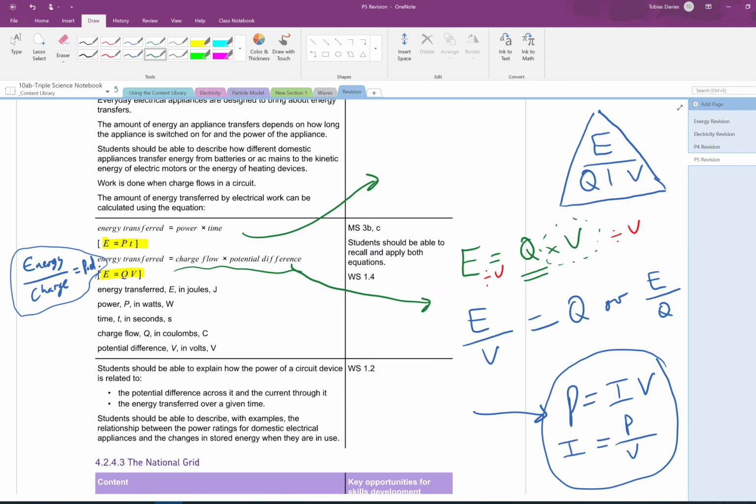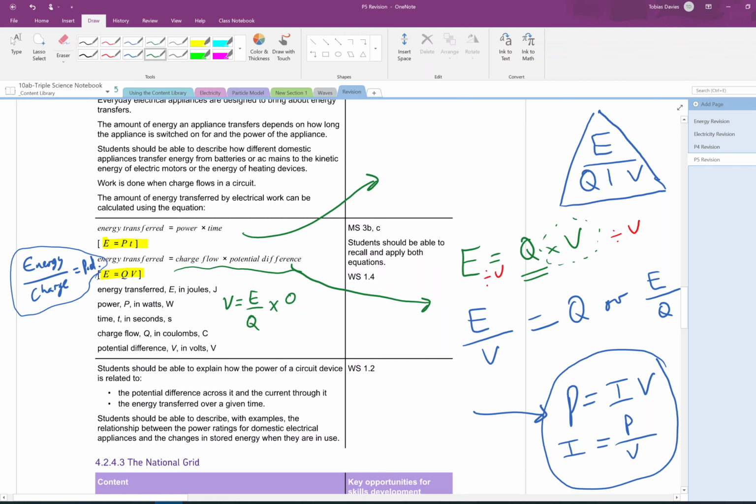Let's think about, yeah, that's it really for that actually. There isn't much else that you can do. If you're particularly smart, then you can take this V is equal to E over Q, and say, right, let's multiply it by I. Now let me think, what's the formula for I?